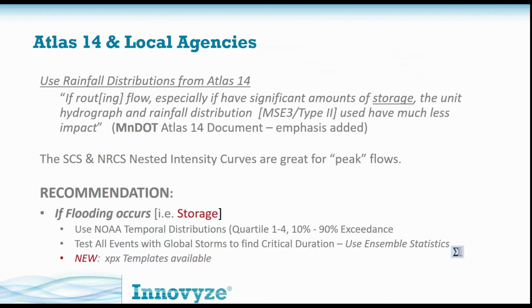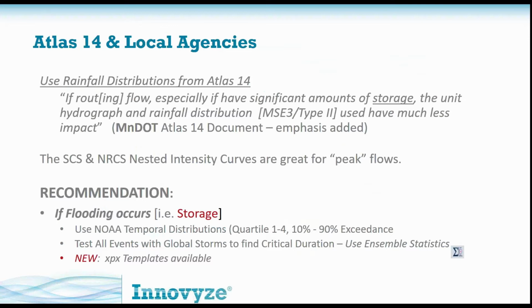the Type 2 or the MSE3 in Minnesota have a lot less impact to those. They view those SCS and NRCS nested intensity curves much more as peak flow. They're good. They give really high peaks, very conservative, great for sizing conveyance.